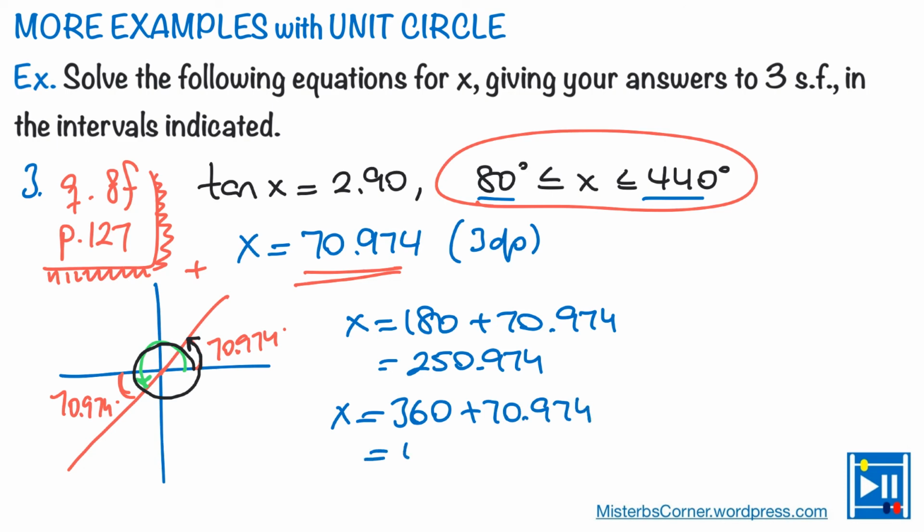This will give me 430.974. So this is my second answer. If I finalize this with 3 significant figures, I'm going to go like 251 degrees, and then 431 degrees as my final answers.